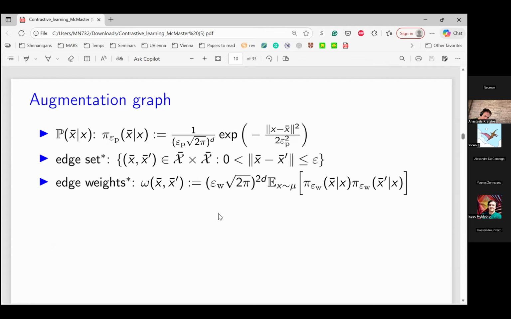Okay, there's something else here that I also want to discuss. You could say that the edge weight here is a kind of second-level similarity, if you will, because the edge weight between X bar and X bar prime is dictated by a third party, which is X. Therefore, the augmentation graph sits somewhere between a first similarity graph and a second similarity graph.